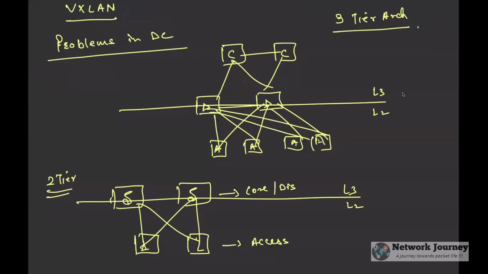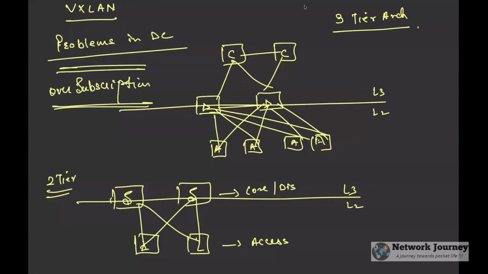Three-tier architectures usually have oversubscription ratios. What do you understand by oversubscription ratios? Ten to one. So again, it depends on whatever the ratio is. For example, in the middle you have 10 gig links, and this is a 40 gig link.